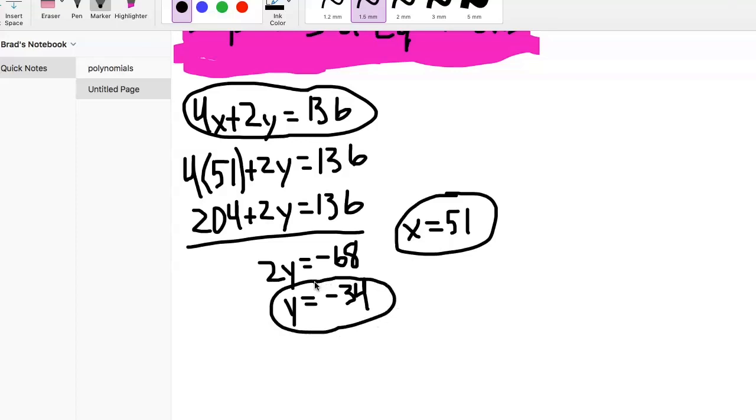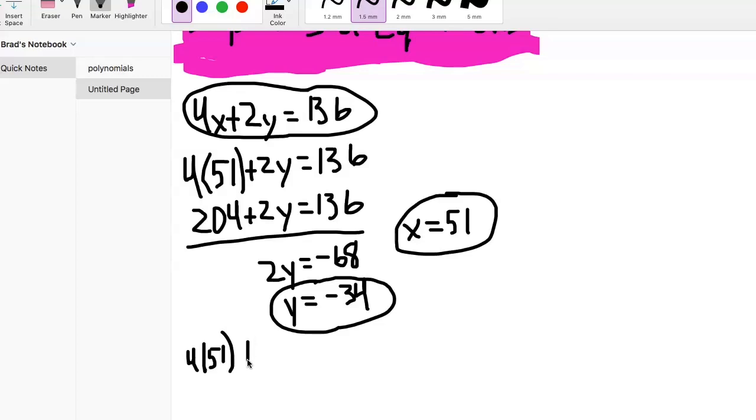Now there is a way to check to make sure we got this right, and that is to plug in both of these and see if they end up equaling 136. I'm taking this right from the top again, from 4x plus 2y equals 136.